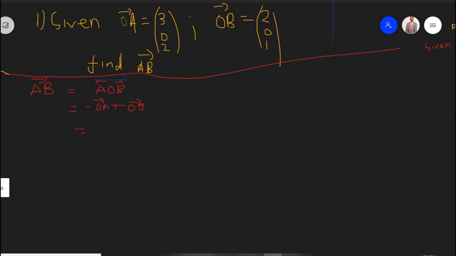Now let's rearrange. We will get OB minus OA is equal to 201 minus 302. Then 2 minus 3 is equal to negative 1. 0 minus 0 is equal to 0. 1 minus 2 is equal to negative 1. Then we are done calculating displacement vectors.